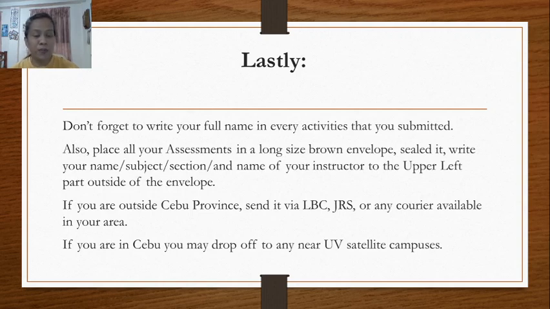So place your assessments in a long-size brown envelope, seal it, and write your name, subject, section, and the name of your instructor if you know your instructor, on the upper left part outside of the envelope.